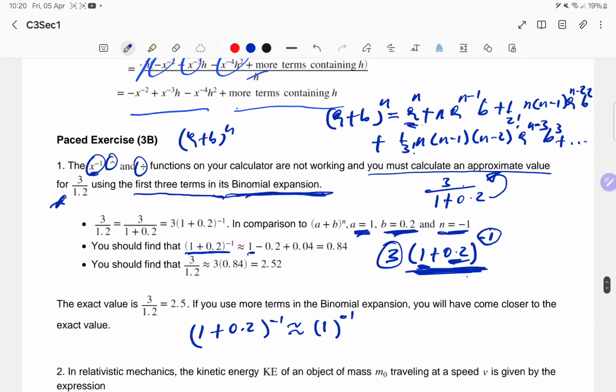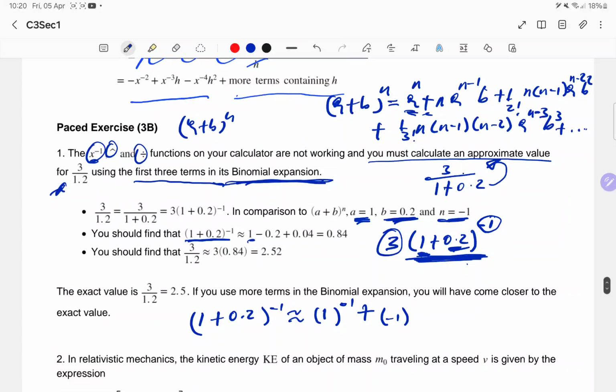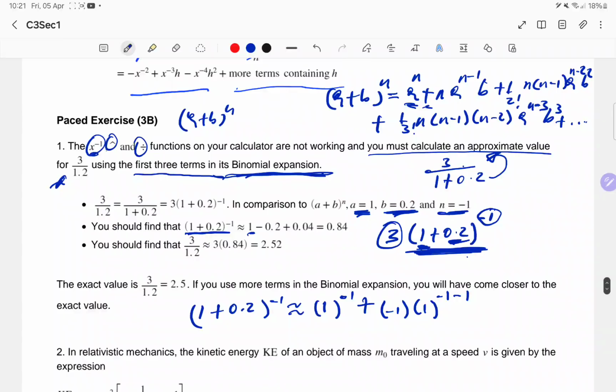Plus n, which is minus 1, times a, which is 1, to the power minus 1 minus 1, which is minus 2, and we have b, which is 0.2. So this is just 1, this is minus 1, so this negative multiplied by this positive gives us negative, and you have 0.2.